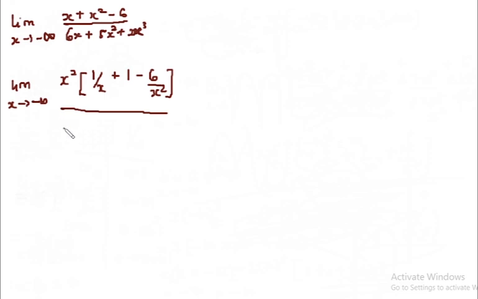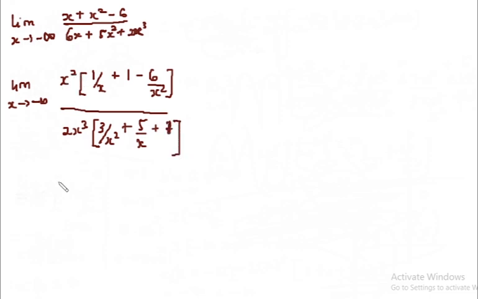Factorizing 2x cubed here, this becomes 2x cubed, open brackets, 3 over x squared plus 5 over x plus 1.